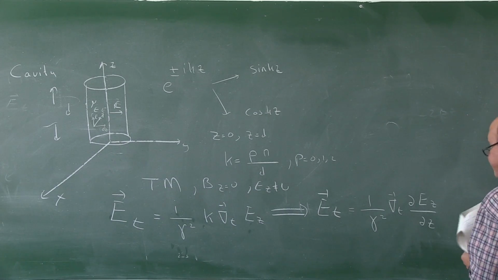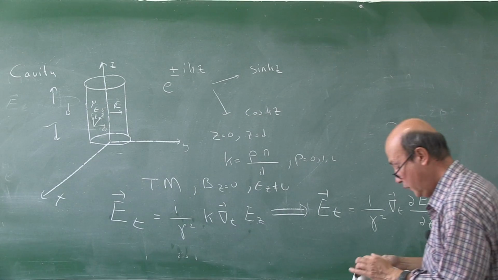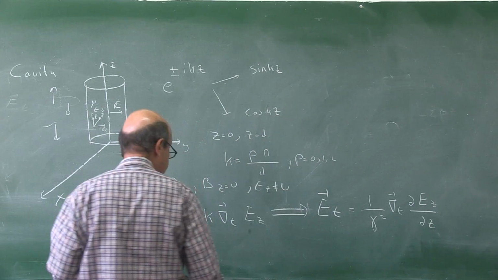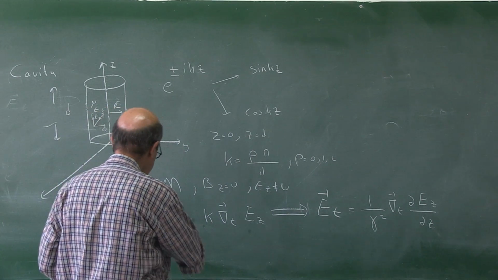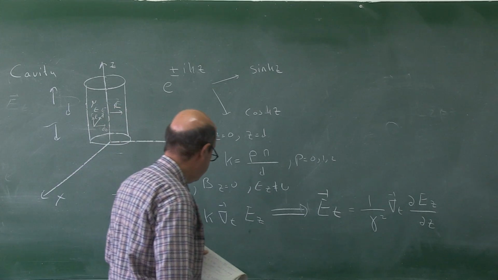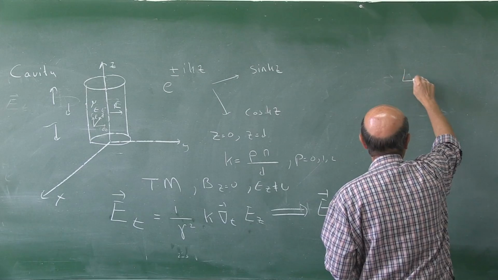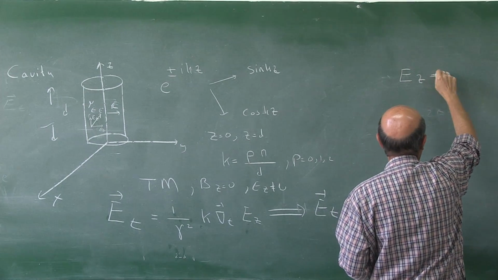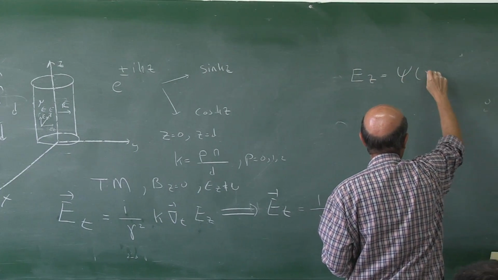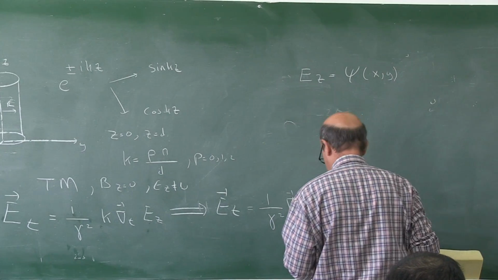So then, what kind of solution can you suggest in order to satisfy the boundary conditions for TM waves? For TM waves, you have Ez, which depends on some function of x and y, we don't know.